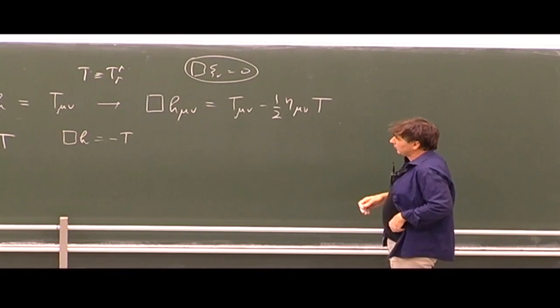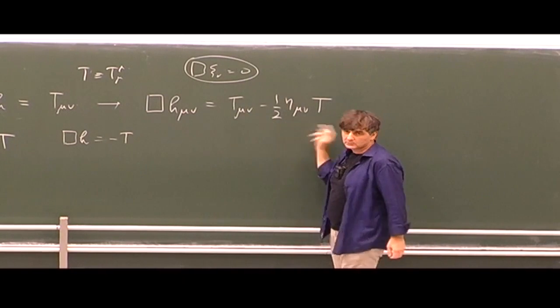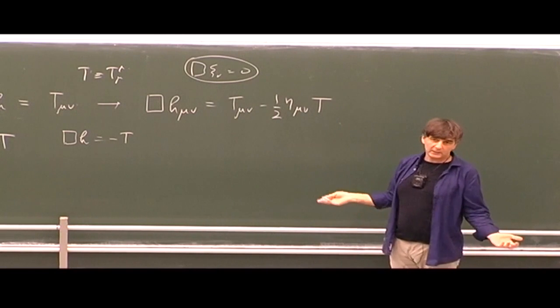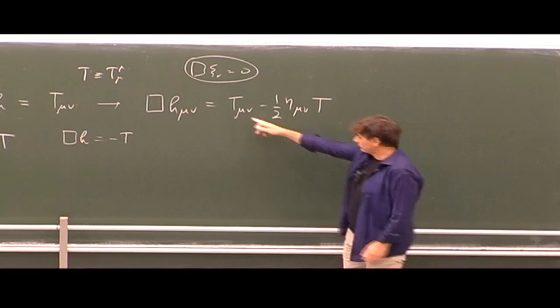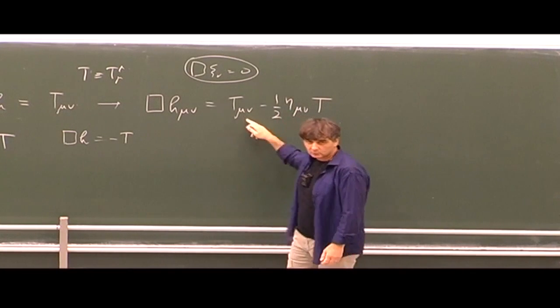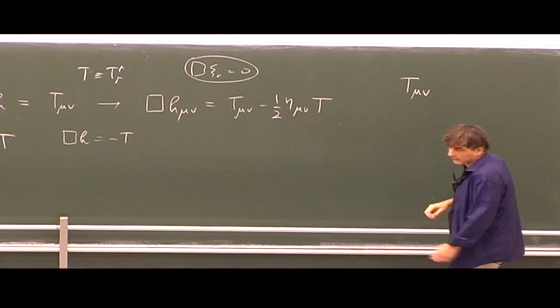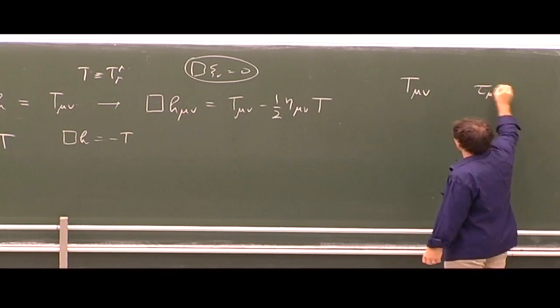So then what happens? I can have a main source. Classically I can find it, no problem, because I can first find the gravitational field created by the main source. Let's say I have T_{mu nu} as the source, and I have tau_{mu nu} as a probe.